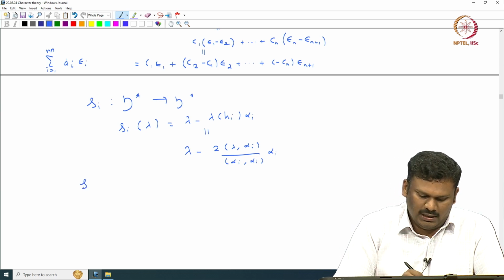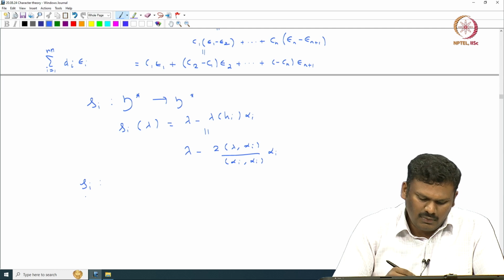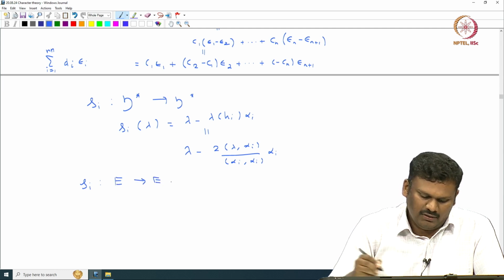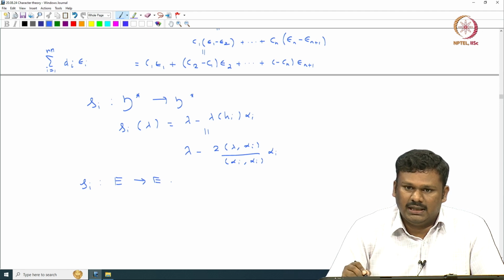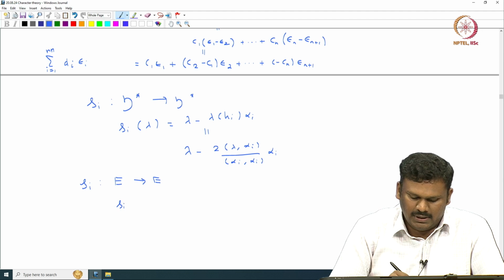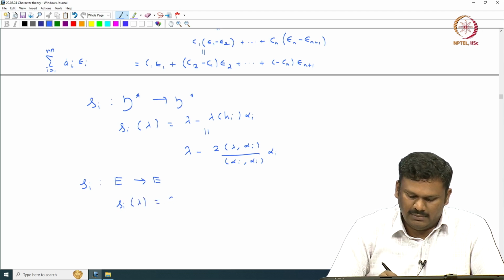So, we will define a similar operator on this E. Again we call it s_i; basically we are taking the restriction of these operators to E. These operators are defined by the same formula: s_i of lambda equals lambda minus 2 (lambda, alpha_i) divided by (alpha_i, alpha_i) times alpha_i.